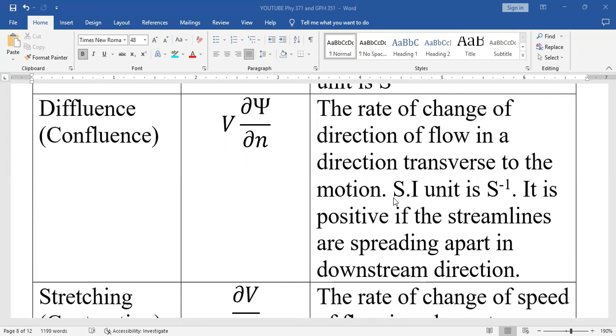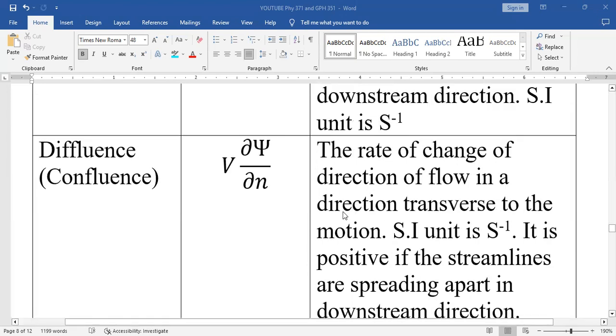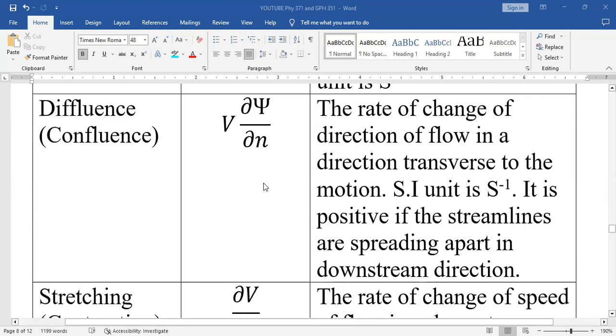Okay, so confluence or diffluence is written in terms of natural coordinates as v dpsi over the dn, and this can be defined as the rate of change of direction of the flow in the direction transverse to the motion. SI unit is per second. It is positive if the streamlines are spreading apart in the downstream direction.